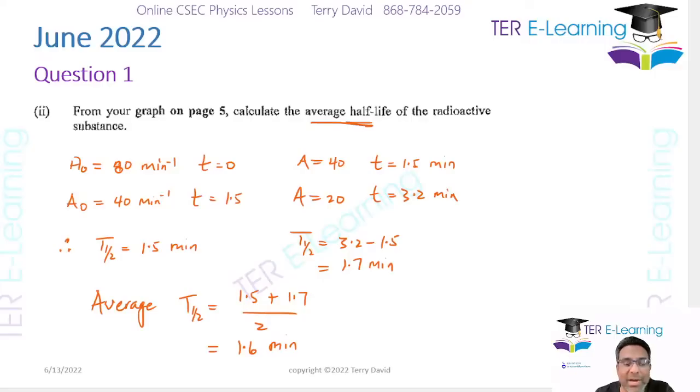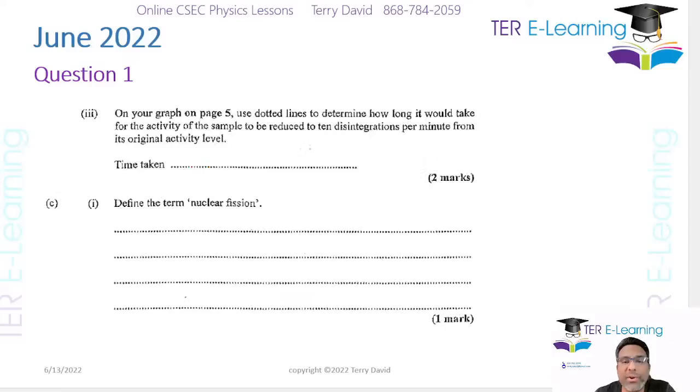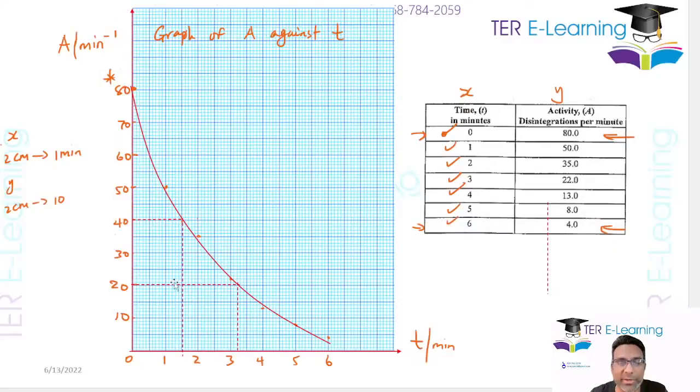Like I said, the answer will vary from person to person depending on how you draw the graph. Next one, on your graph, use dotted lines to determine how long it will take for the activity to be reduced to 10 disintegrations per second. So all they want us to do is go back to the graph, go down to 10, and read this off here.